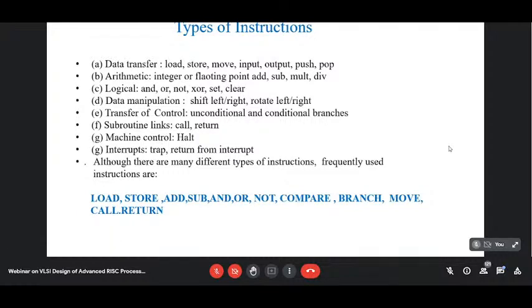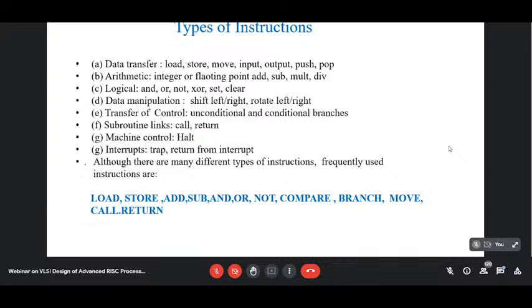These are called branch kind of instructions. There are 2 types of branches, conditional branch and unconditional branch. Conditional branches are like jump on carry, jump on equal to, etc. Then subroutine, like function call, so call, return.